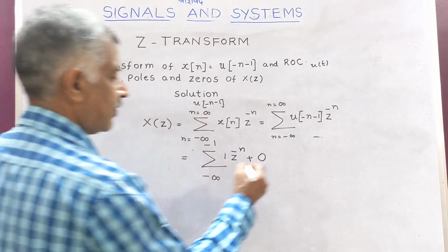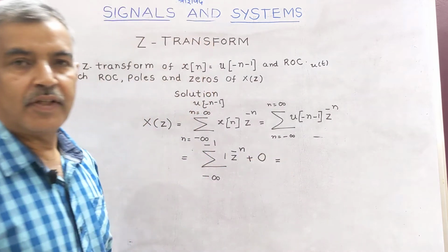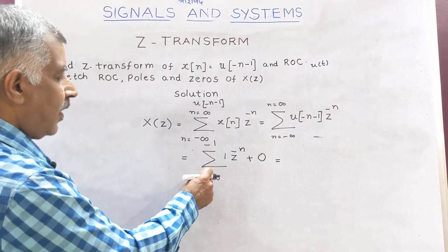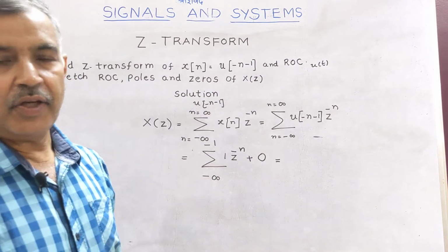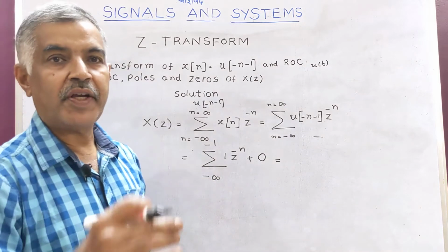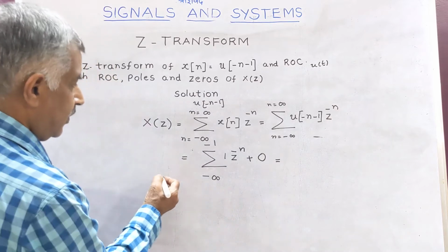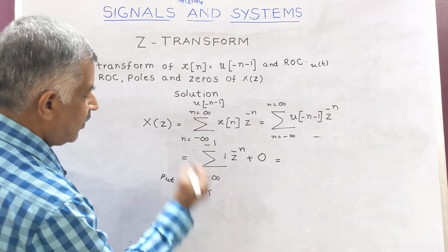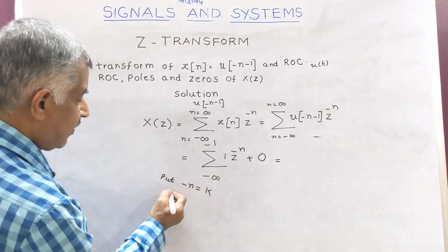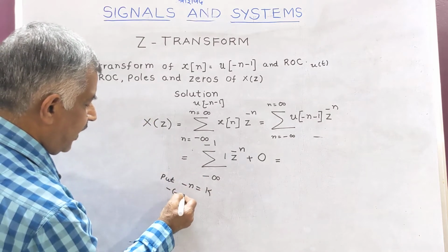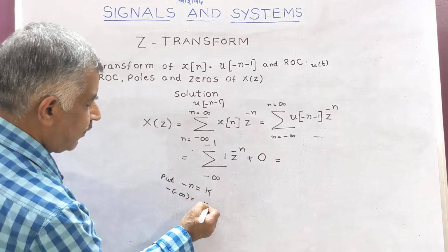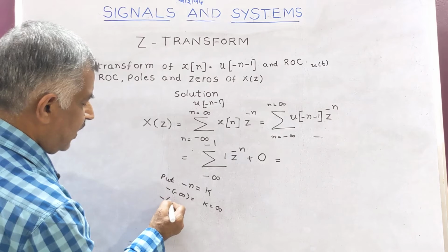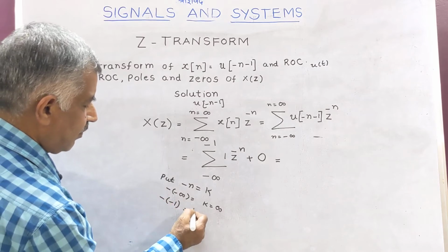Now, in the last class, I told you how to convert negative summation limits into positive. Put minus n equal to k. Then minus infinity for n becomes plus infinity, and for n equal to minus 1, minus of minus 1 becomes plus 1.